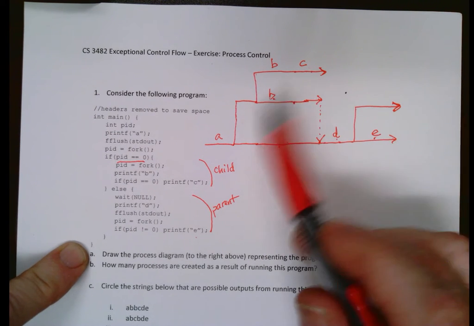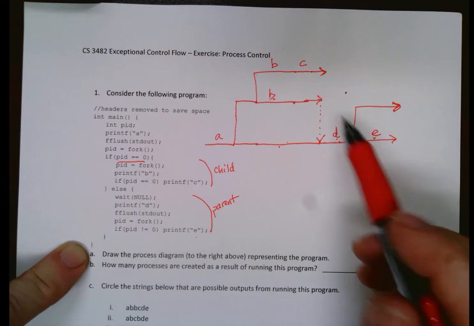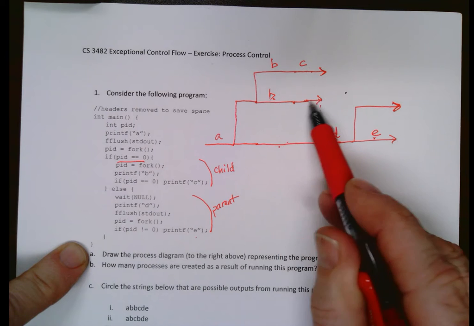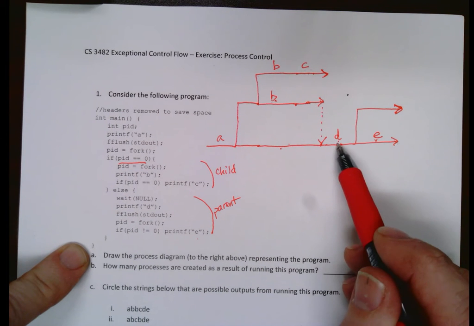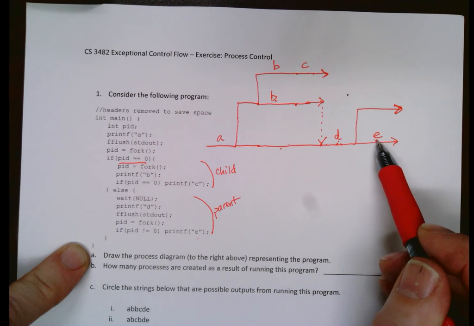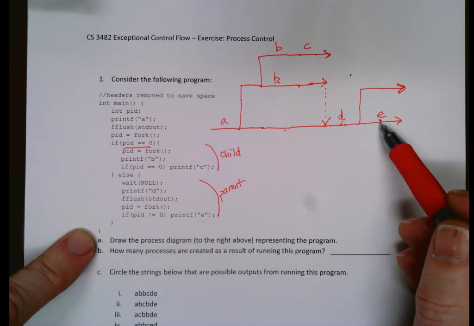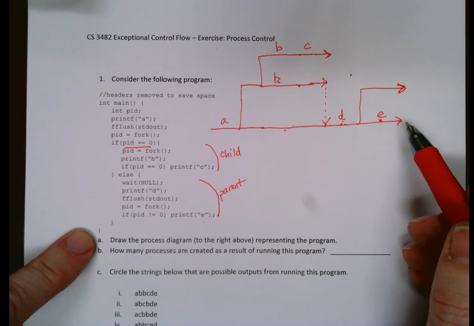That would be okay. I could have B, BC, DE. But the constraints are I need at least one B, because this B has to be printed before this D, and this D has to be printed before this E. So any place that I've inverted any of these is not a legal output.